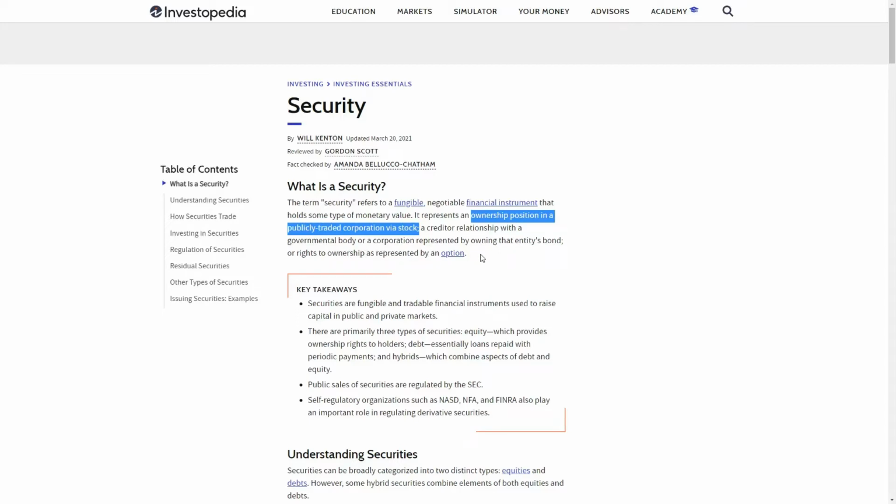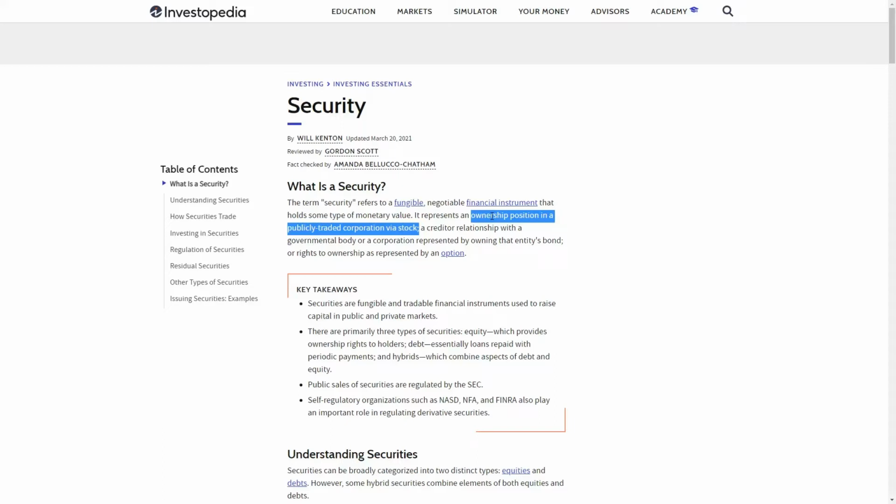Now, the main takeaway from this is, as I've highlighted here, a security represents an ownership position in a publicly traded corporation, stock, cryptocurrency. This definition does not encompass cryptocurrencies because at this moment in time we do not have securities regulations perfectly designed and fleshed out specifically for cryptocurrencies, which is one of the arguments of the SEC versus XRP and the argument they had for the Vitalik Buterin versus the SEC case, where they were deeming whether Ethereum was a security or not.